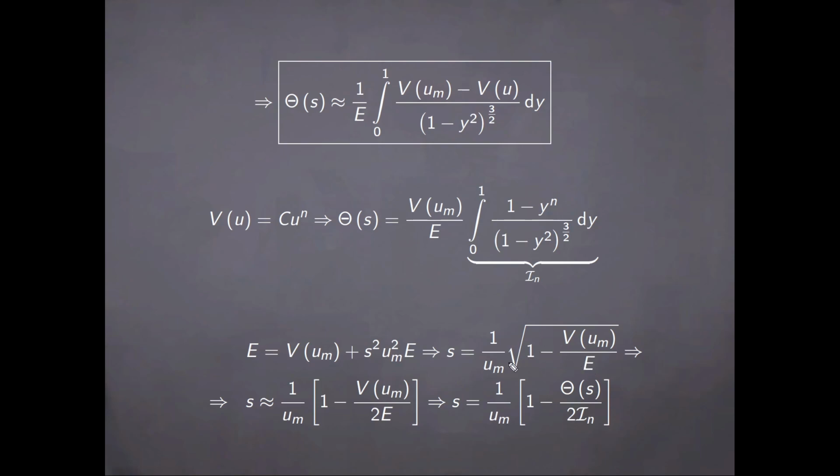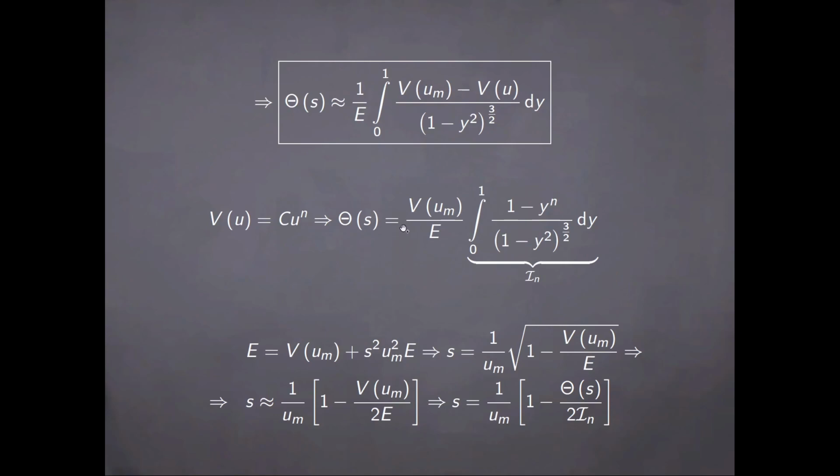So then we can do a Taylor expansion of the square root to find the approximate value of the impact parameter as given here, and then once again we can use the formula connecting the potential and the scattering angle in order to write the impact parameter in this way.